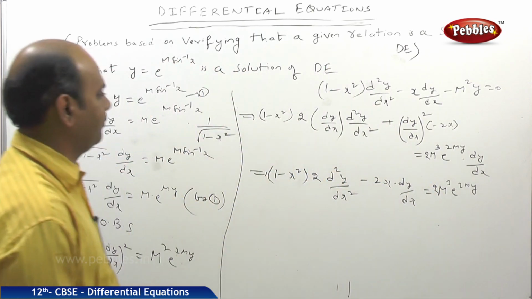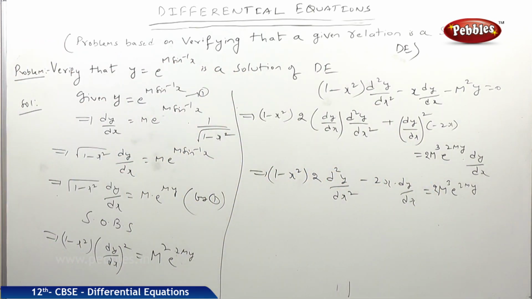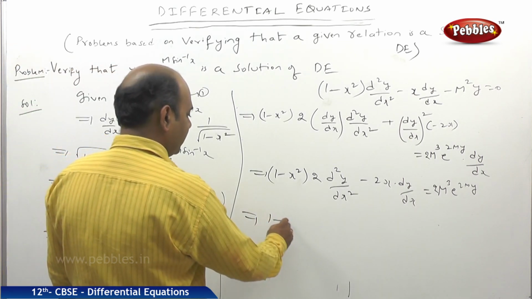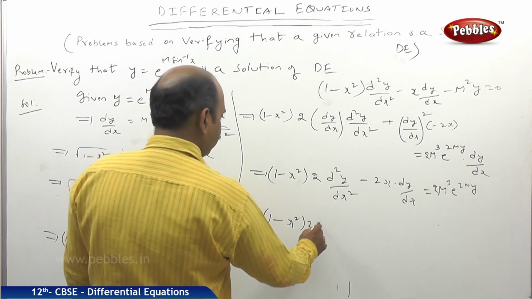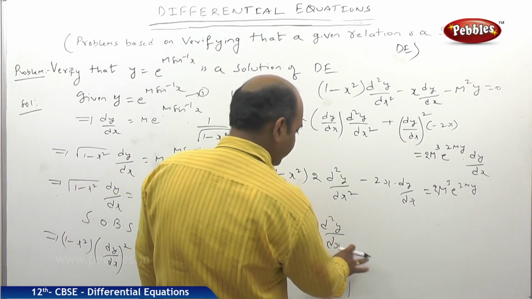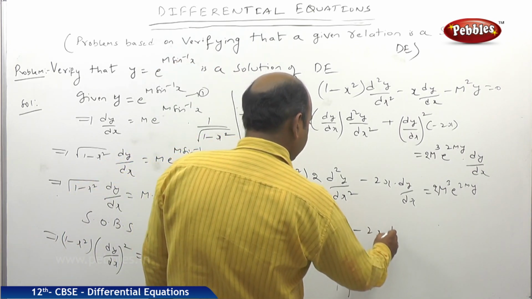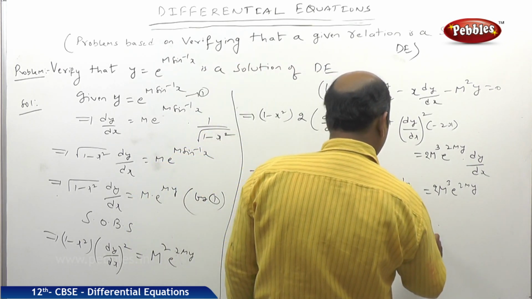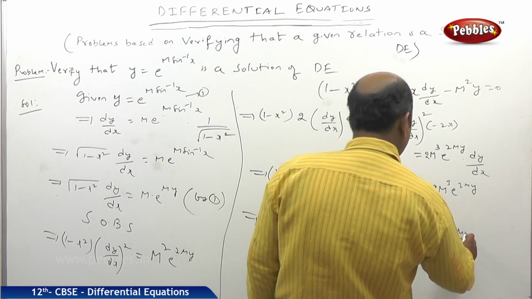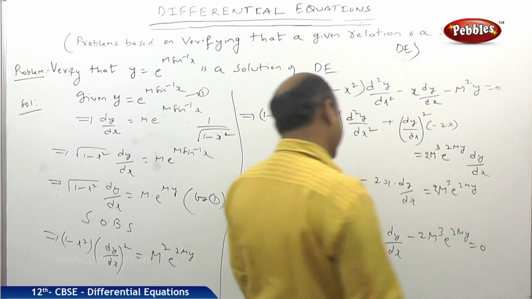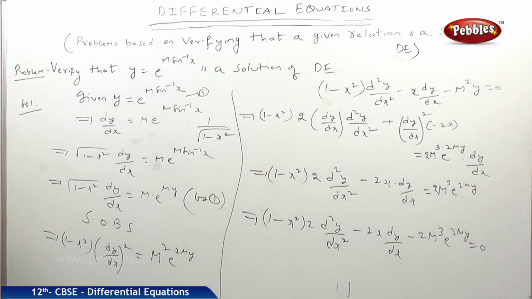Finally, what can I conclude? I think finally we can write it like this: 1 minus x square into 2 into d square y by dx square minus 2x into dy by dx minus 2m cube into e power 2my is equal to 0. I think the 2 will also get cancelled.